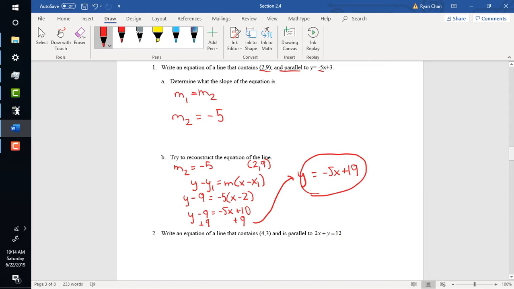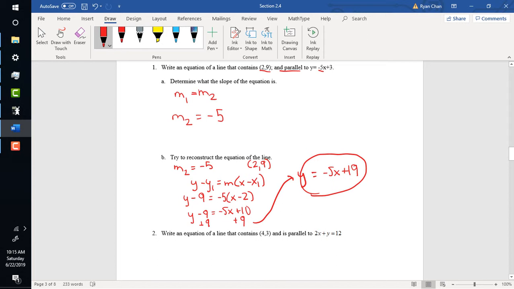If my answer were negative 3x plus 2, that would definitely be incorrect because they have different slopes. One of the key skills in mathematics is to take a step back and see if your answer makes sense in the confines of your problem, rather than guessing and hoping it is correct.